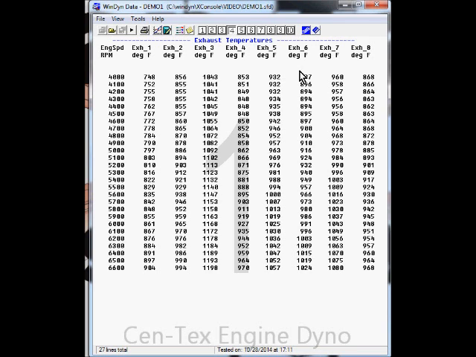This one had a lobe separation angle with the camshaft being much too small, and literally we were sucking fuel out of the intake and right into the exhaust and burning it in the exhaust instead of any place else. So this is one of the things that clued us in what was going wrong.